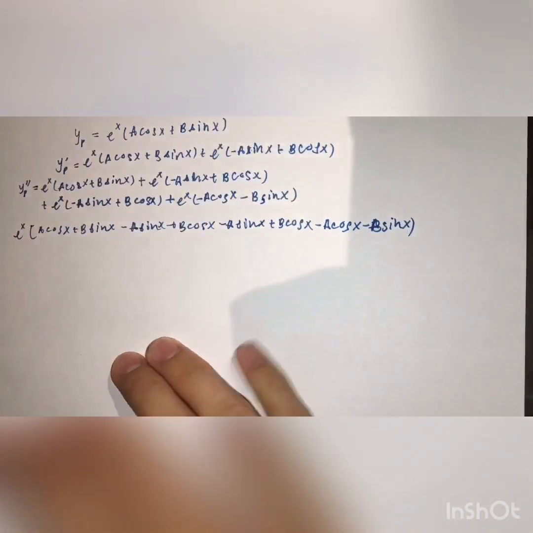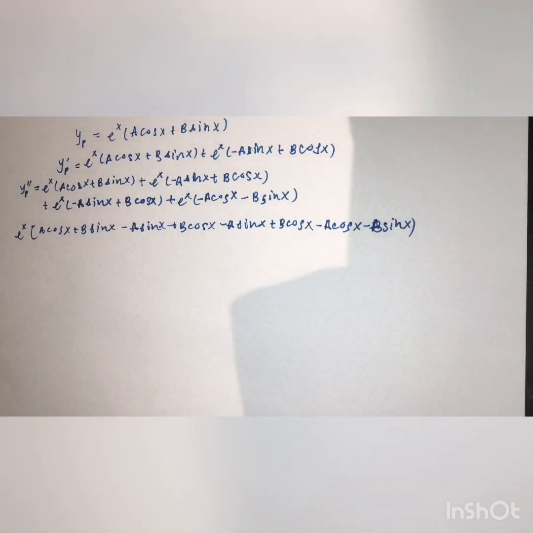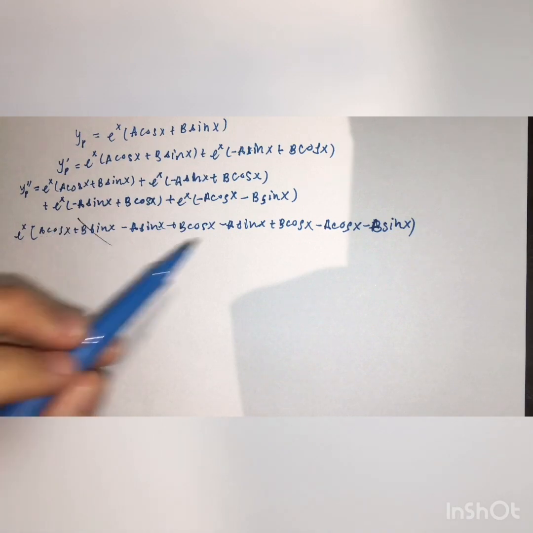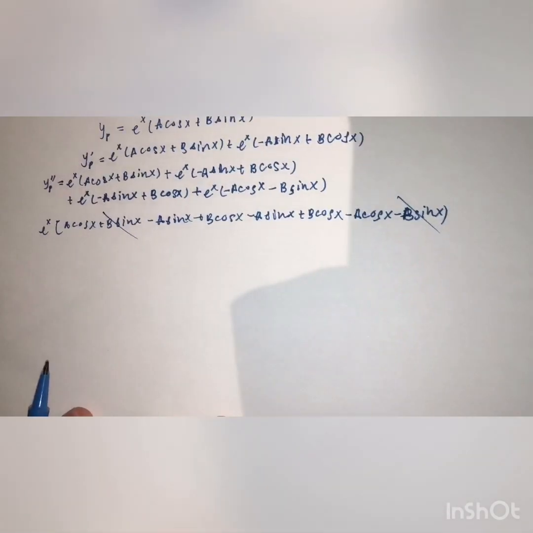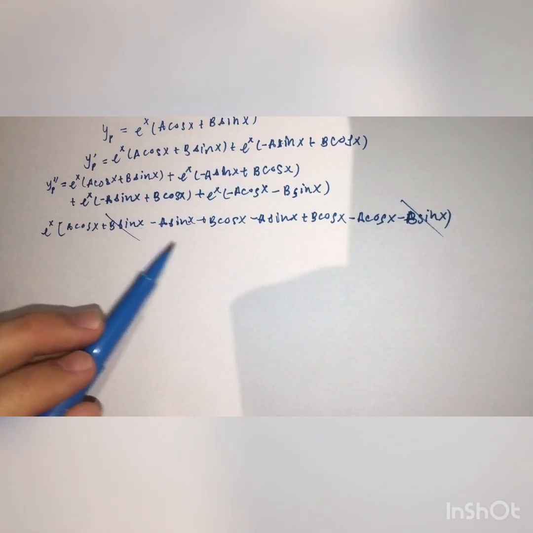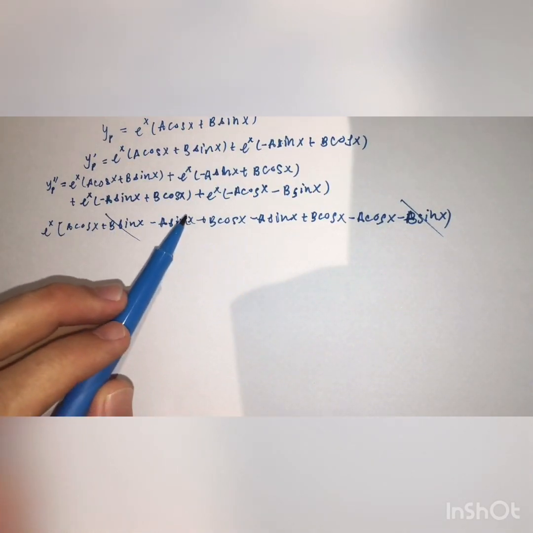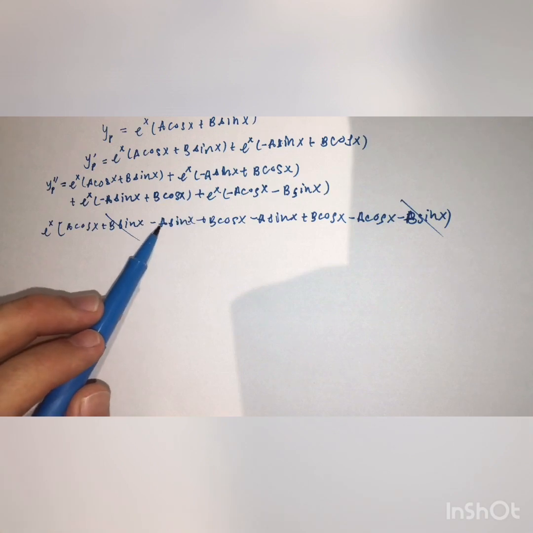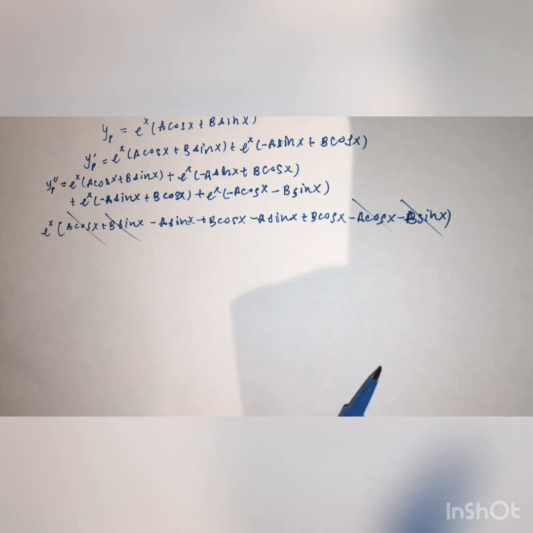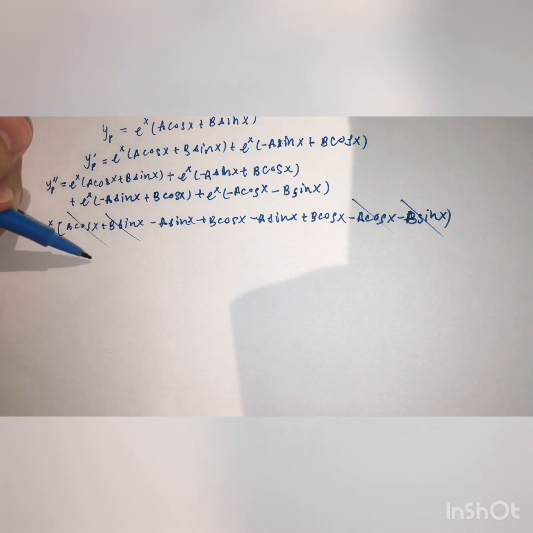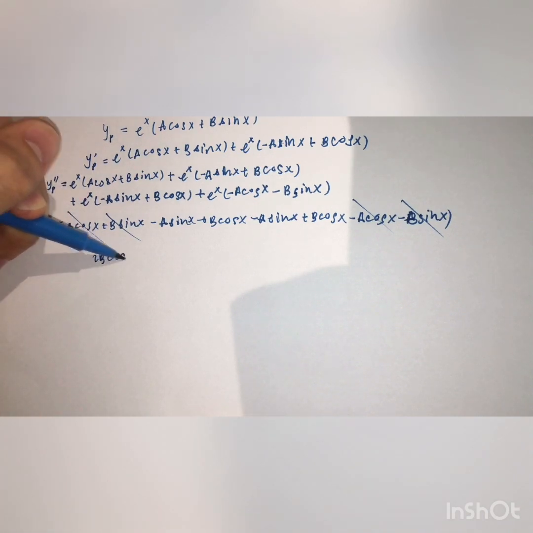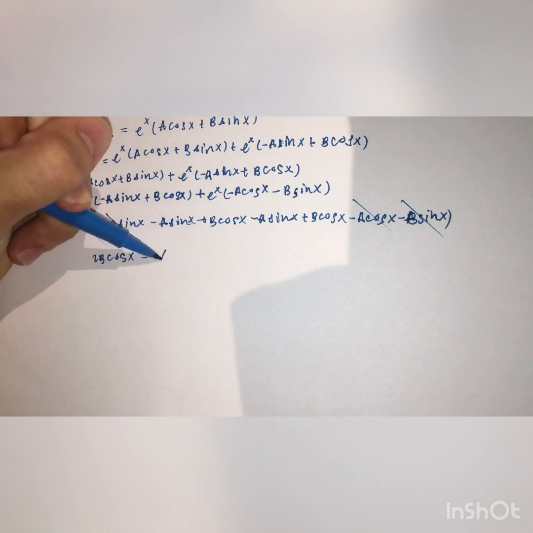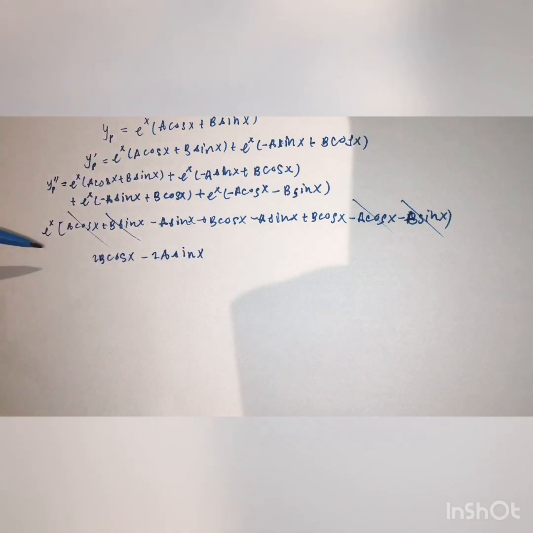Then we just combine like terms or cancel them out, and we can cancel out that b sine of x, and we can cancel out this a cosine of x. Then we just have 2b cosine of x minus 2a sine of x, e to the x, which is y double prime.